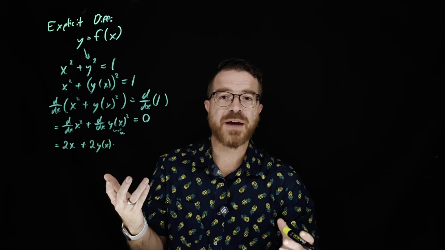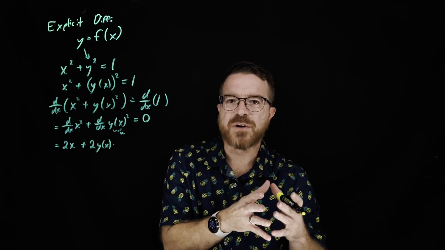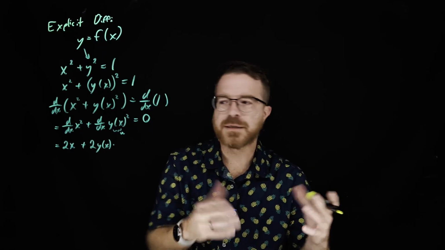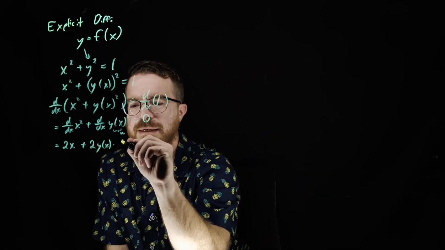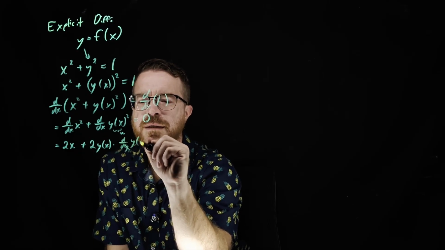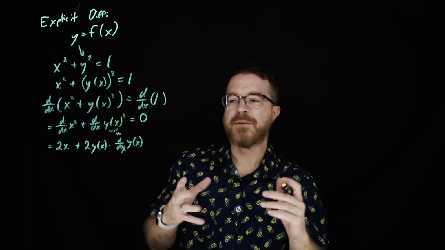Well, u is y of x. Well, the thing is, that's kind of the whole point of what we've been trying to do, right? We've been trying to figure out what dy/dx is. We're taking the derivative of y with respect to x. So we're actually just going to write this as d/dx of y of x.